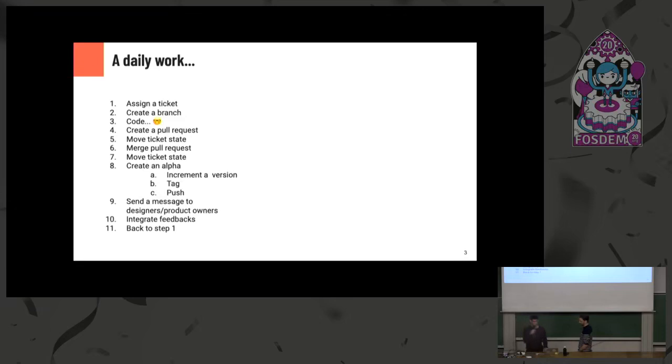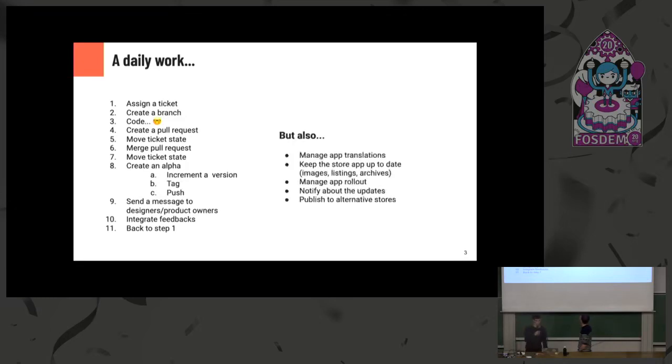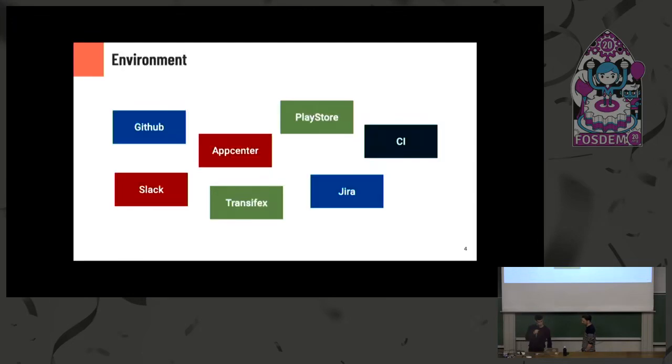So you have a lot of little things to do, but also for an Android developer, you have to manage app translations, for example, keep the store up to date, notify about the updates, manage app rollouts, and eventually publish to an alternative store, I think about Amazon. All around these little tasks, you have a lot of third-party tools.